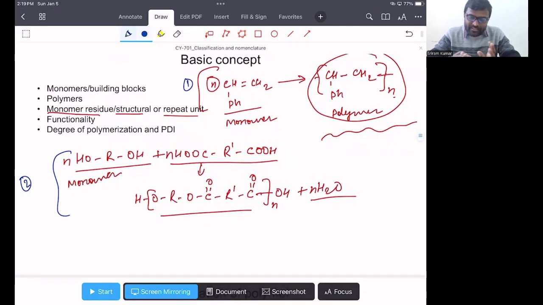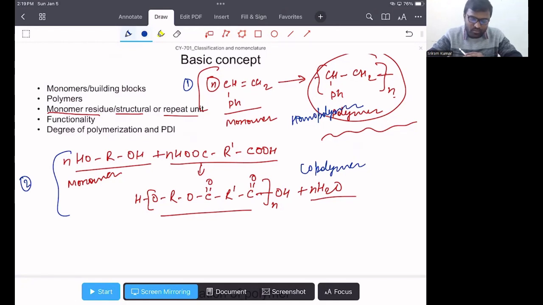Based on the number of kinds of monomers, we can also have a classification into homopolymer and copolymer. So this is called a copolymer, and this is the example of a homopolymer. Okay, homopolymer and copolymer.